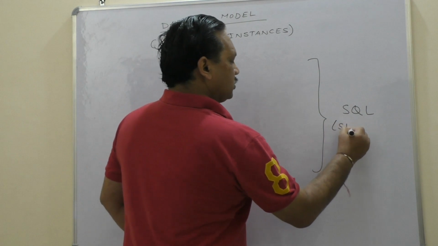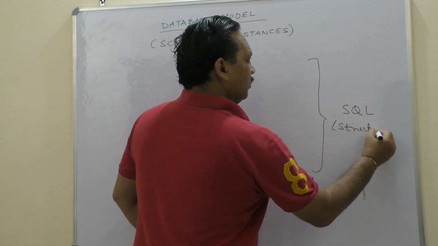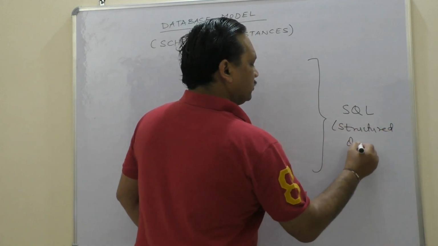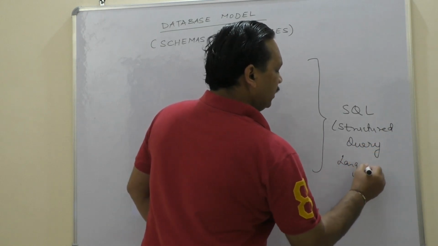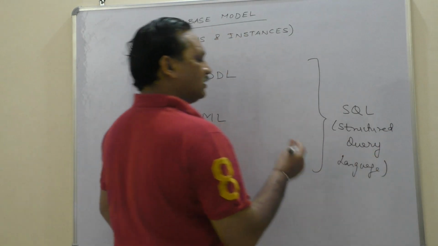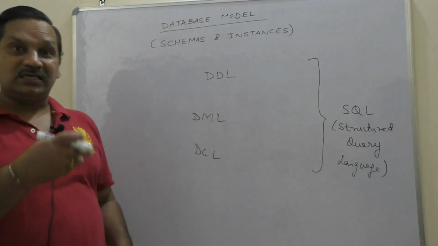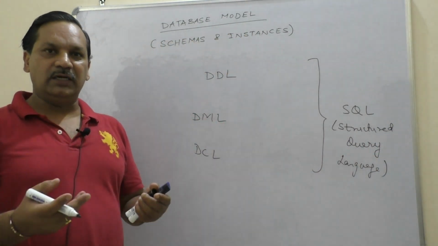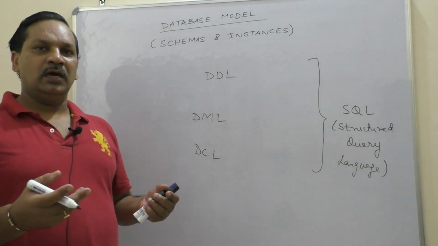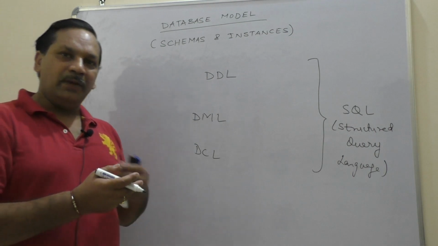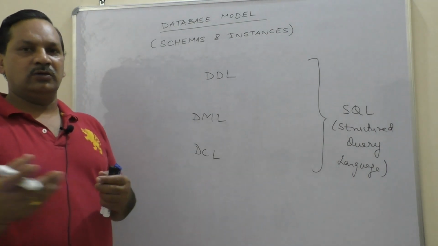SQL is a structured query language which is deployed in any database system to access data, to store the data, to construct the data, that is to define the data, to create the database, to query the database, to do programming on the database and all sort of things.